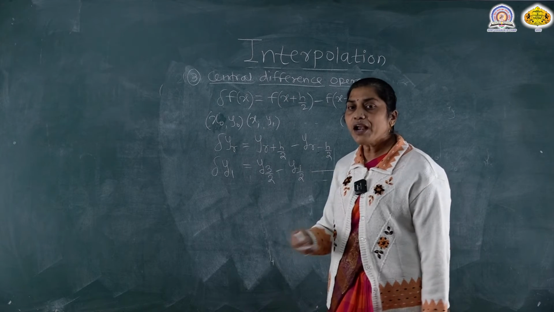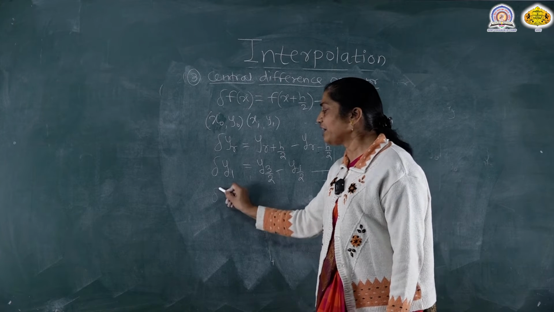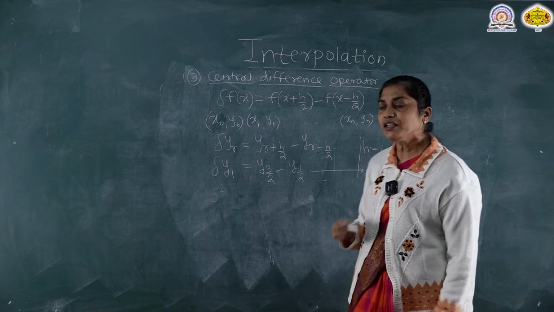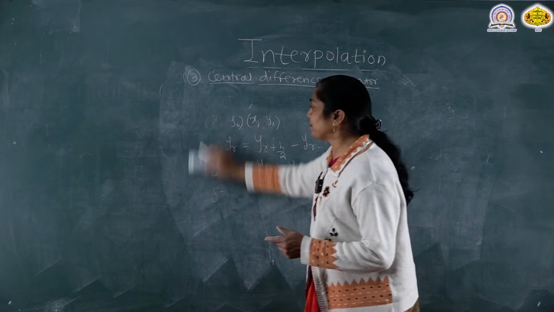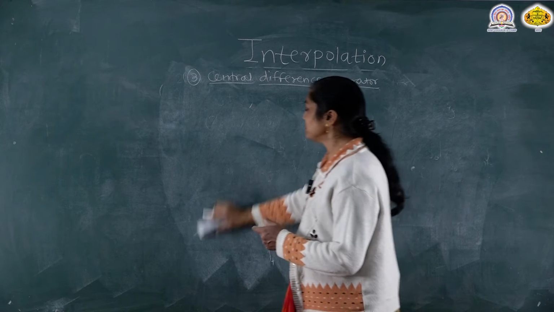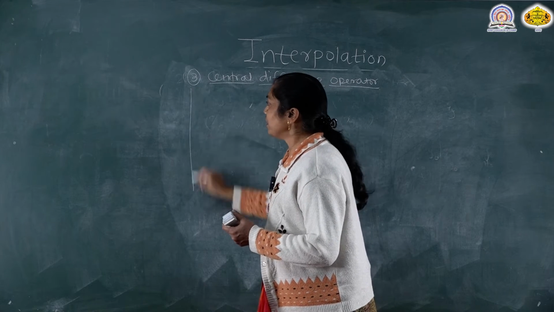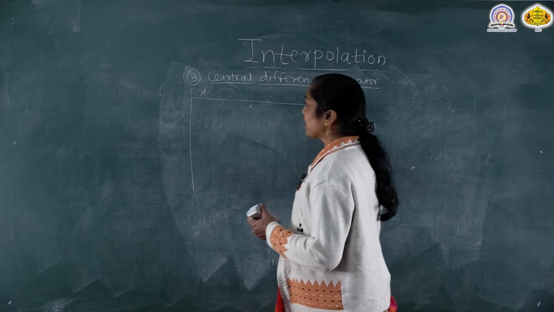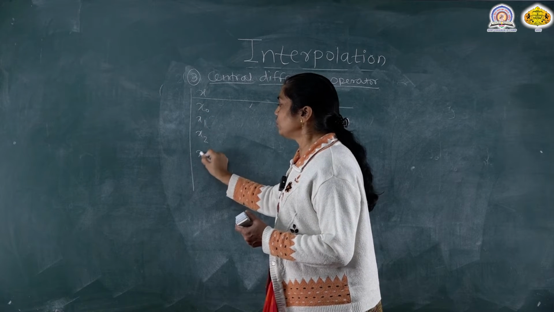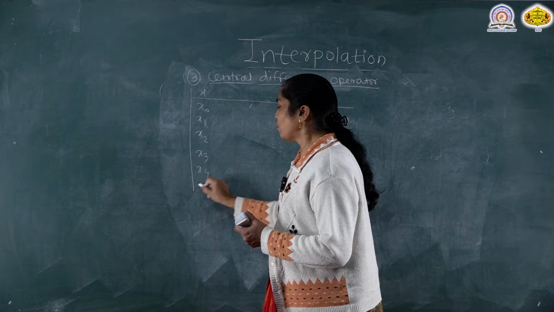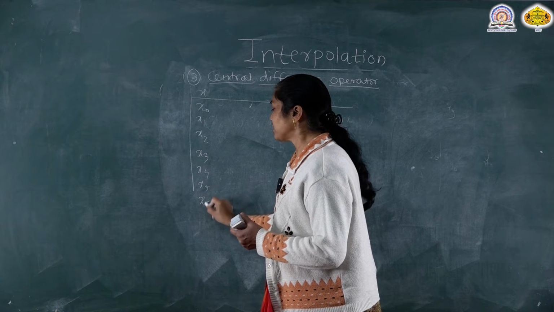Similar to backward and forward differences, you can find delta square, delta cube, that is the next operator. If you observe the difference table for this central difference, what will be the difference table? Suppose the values of x are given to be x0, x1, x2, x3, x4, x5 and x6.